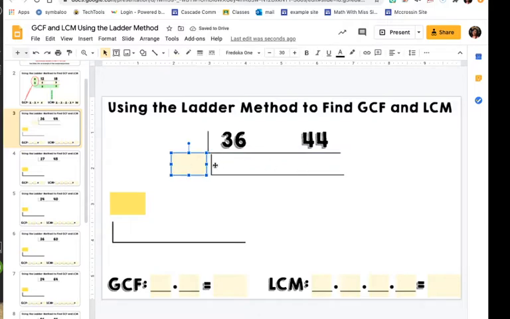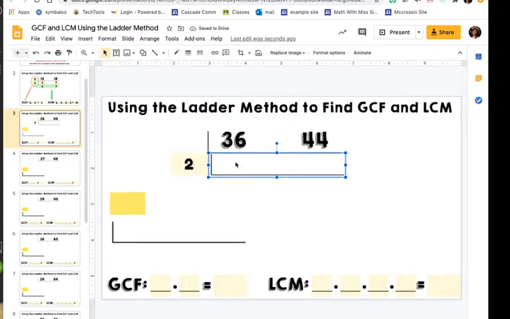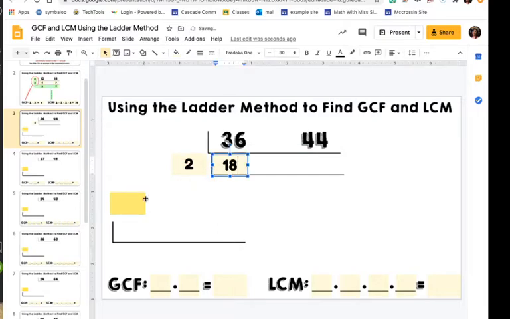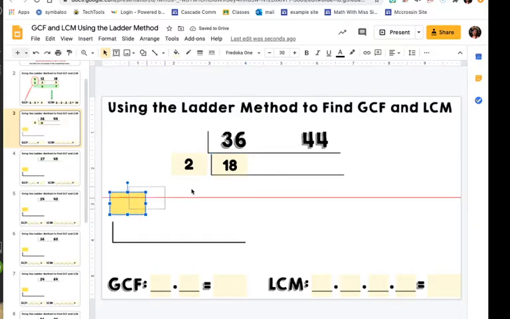36 and 44 are both divisible by 2, so I put a 2. 36 divided by 2 is 18. I have to move the yellow box in order to type.